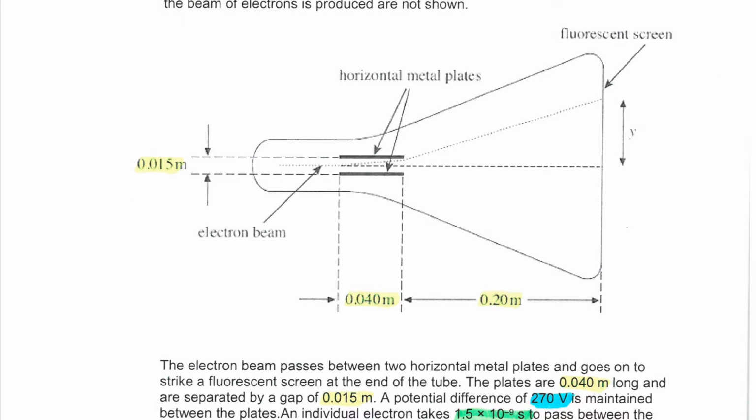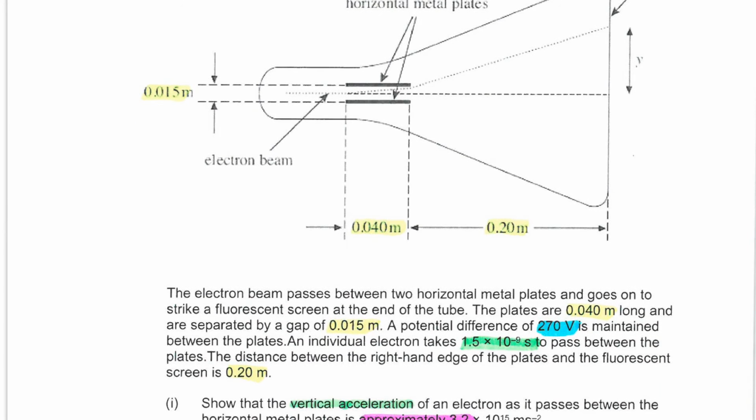Next, we see a diagram of a cathode ray tube. And a number of dimensions are given within the diagram, and just carefully reading the text helps you to confirm and take in that information.